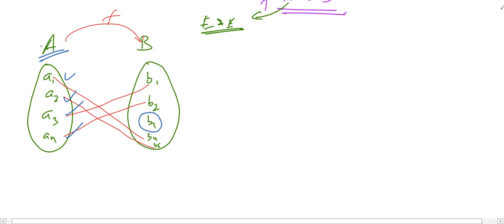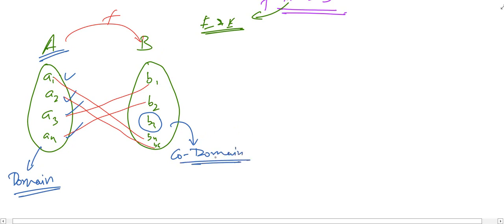The elements in set A are the domain, the input values, and the elements in set B are known as the codomain, right? And those elements which are mapped with some elements in A, like B1, B2, B4 and B5, this set is known as the range, right?